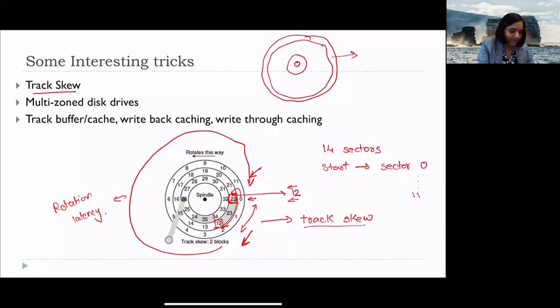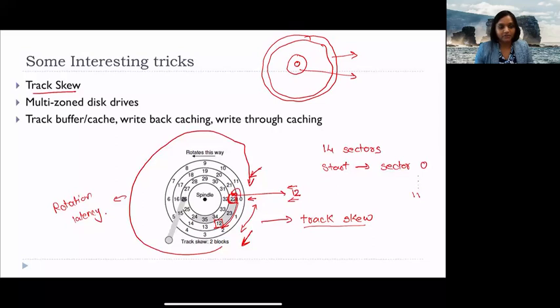The area that we get in the outermost track is, by the shape of a circle, higher than the area that you would get in the innermost track. It's just that there's a lot more space out there, right? So why don't we make use of this space to store a lot more data, rather than storing the same number of sectors on all the tracks?